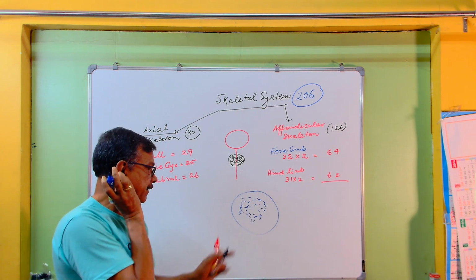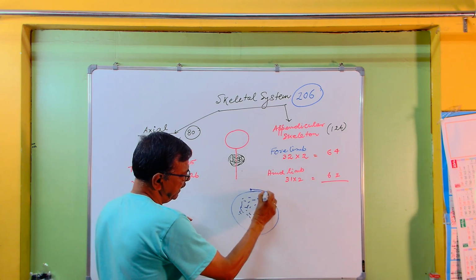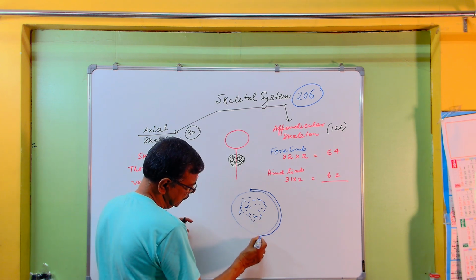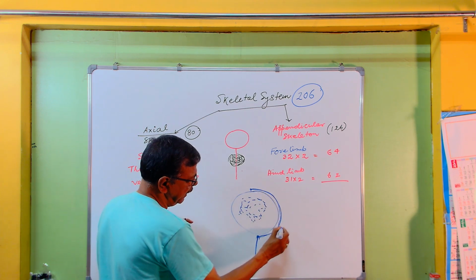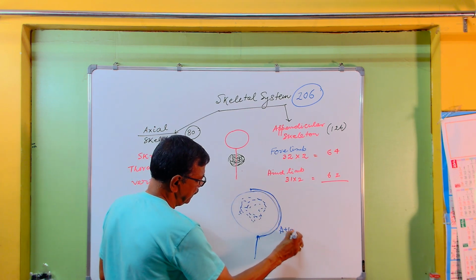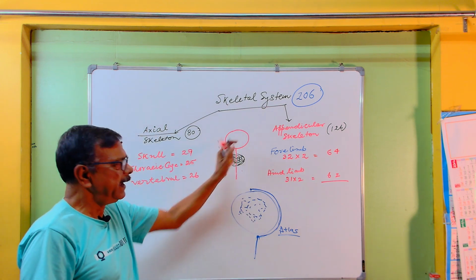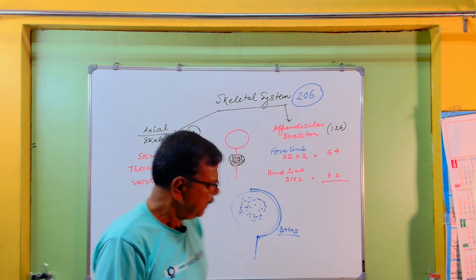Now this remains attached like this. This we used to call an atlas. Is it not? So the brain first remains covered with flat bones.